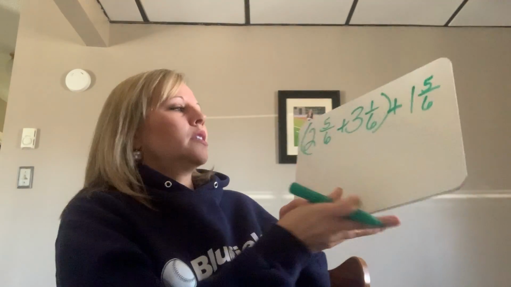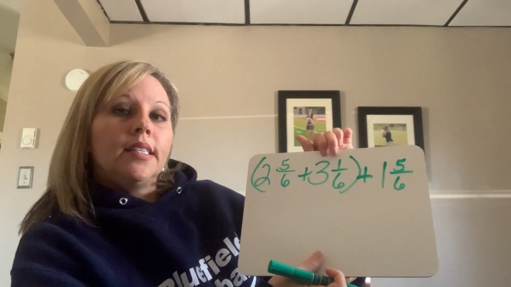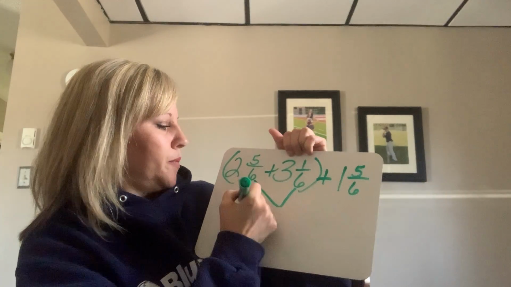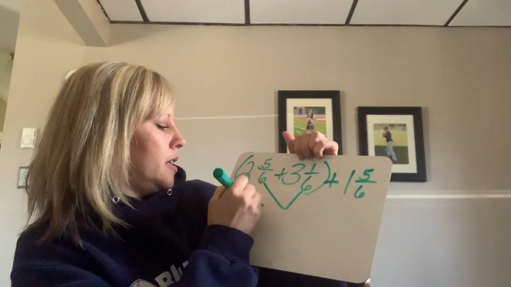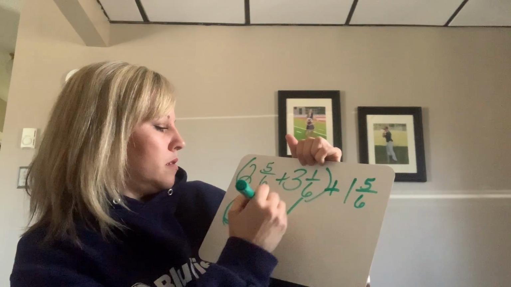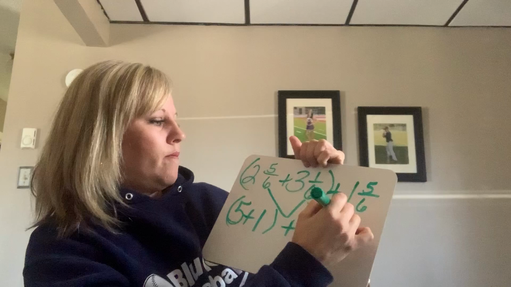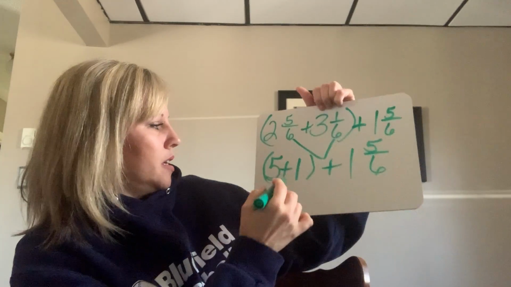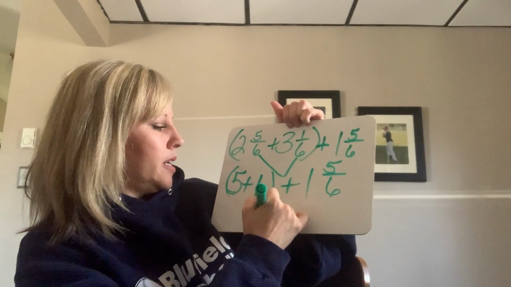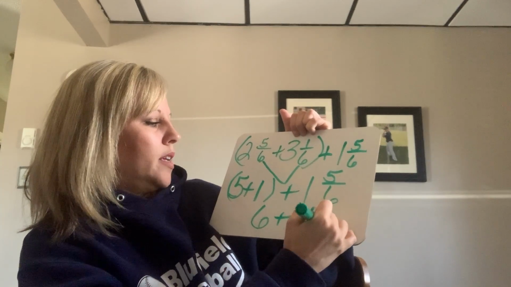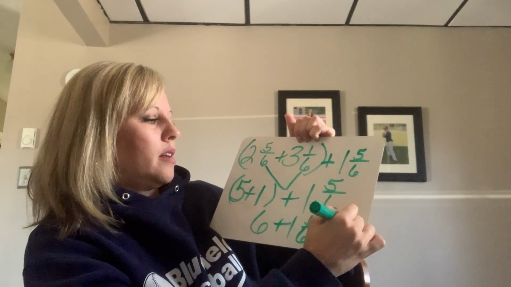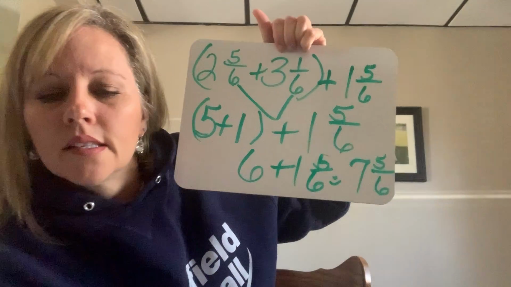Okay, so 5/6 plus 1/6 gives me 6/6, which is a whole. Then 2 plus 3 is 5. Plus 1 5/6. Okay, so 5 plus 1 gives me 6, plus 1 5/6 would give me 7 5/6 feet.